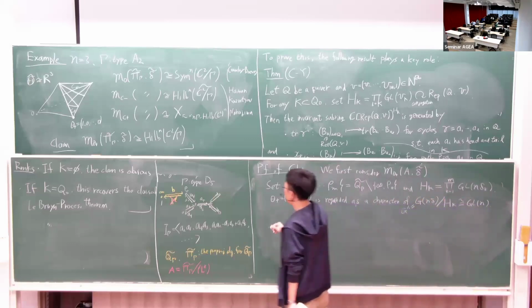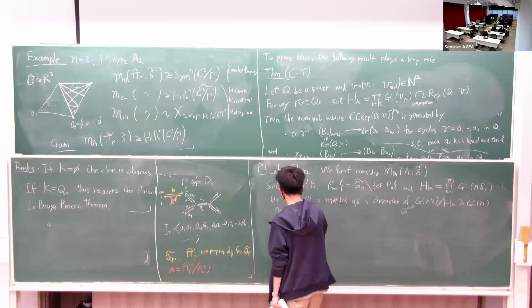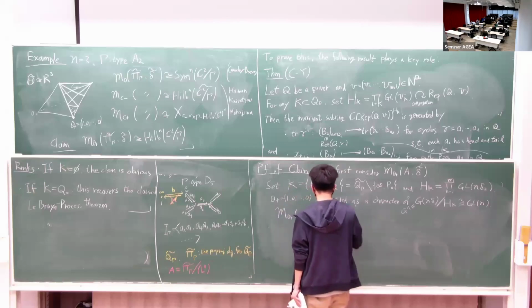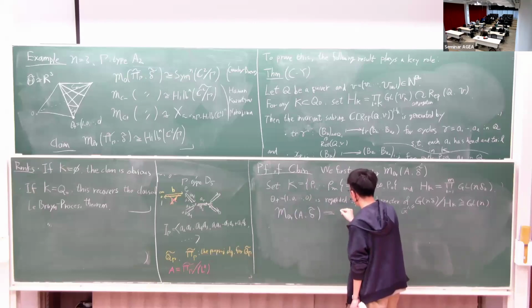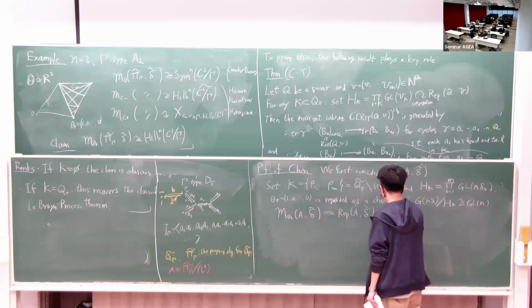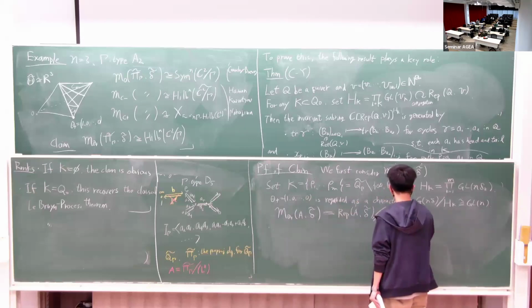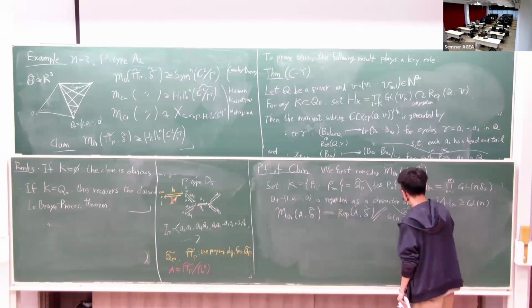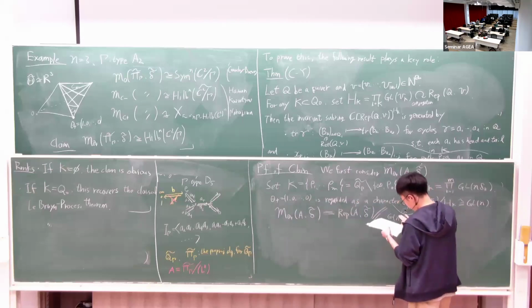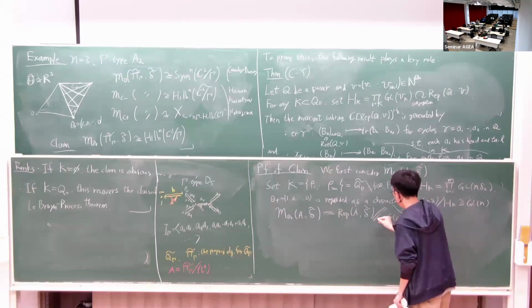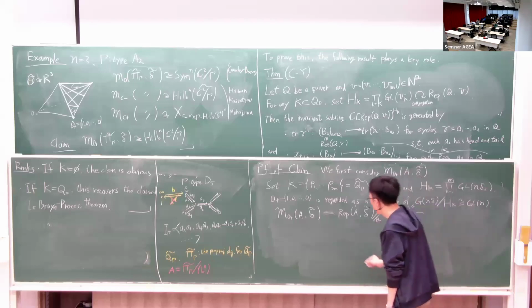Then this moduli space for theta plus, A, delta tilde is, by definition, the GIT quotient of rep A delta tilde modulo the action of G delta tilde with respect to the stability condition.